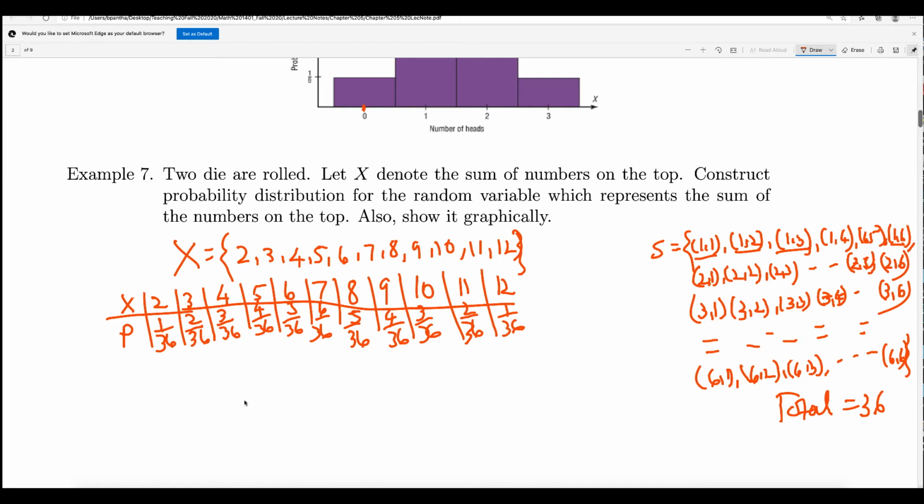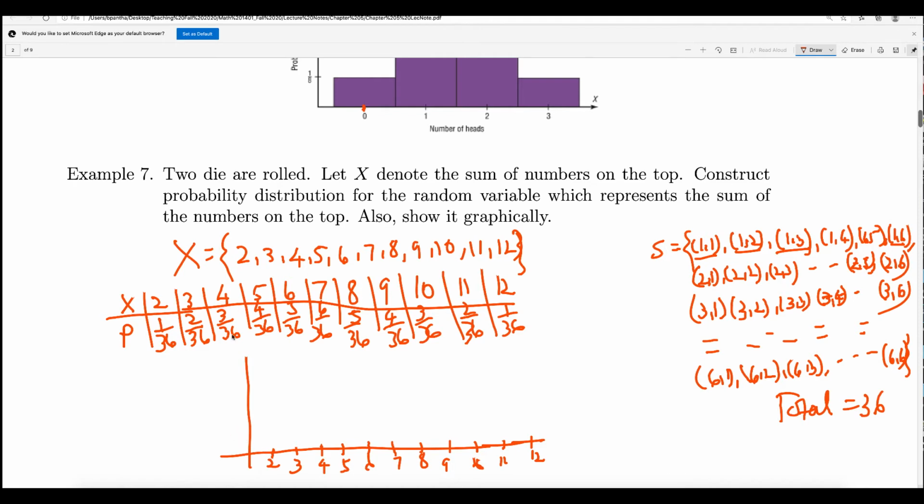Now how do I draw the histogram or the bar plot for that? There is 2, there is 3, 4, 5, 6, 7, 8, 9, 10, 11, and then 12. Make sure that all these are equally spaced.